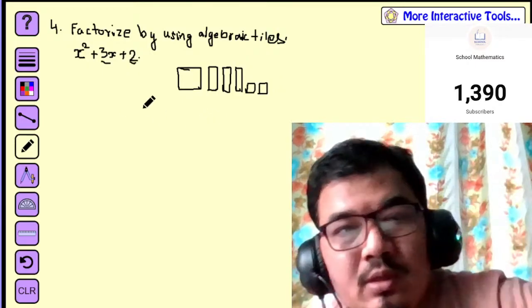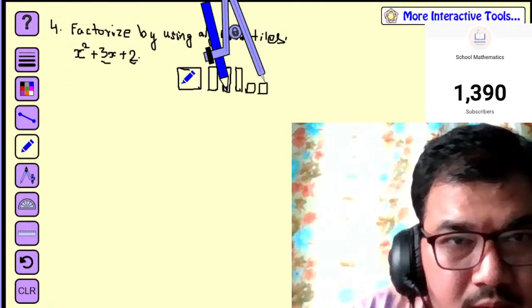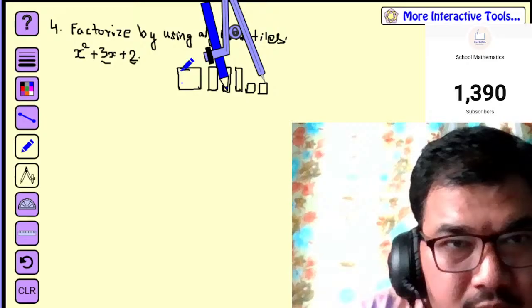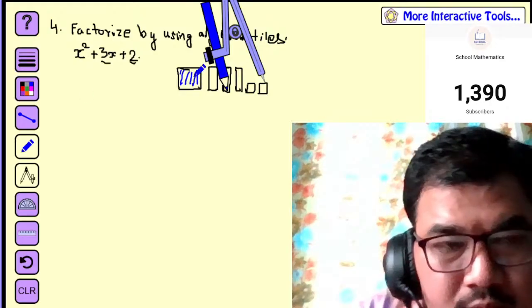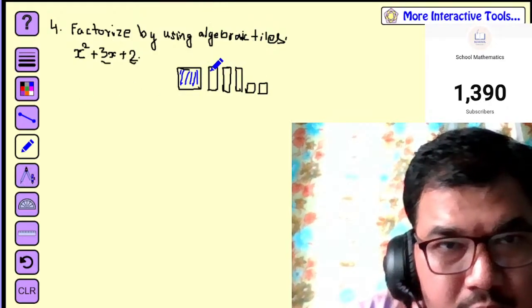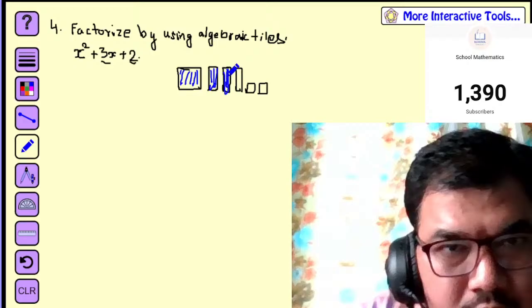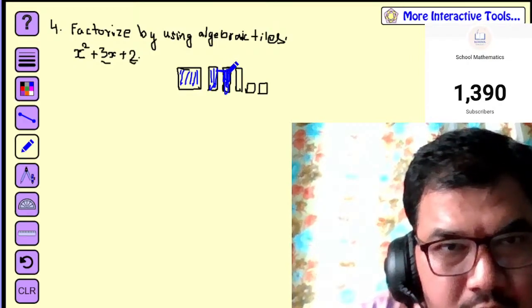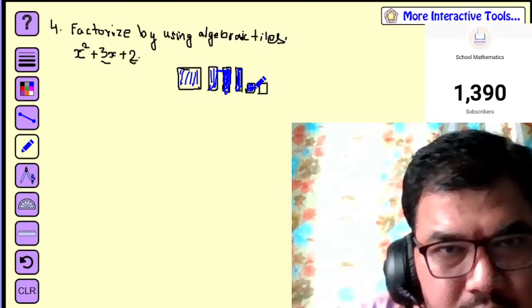And this is all positive, that's why we have to use blue color. This tile is all blue, this tile is blue color, and this unit tile is also blue because all are positive.